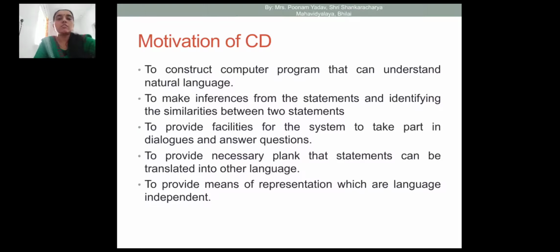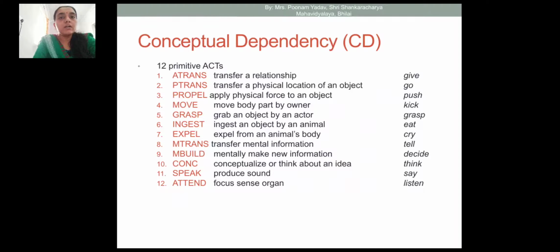It also provides the facility for the system to take part in dialogue and answer queries. Statements can be translated into other languages easily with the help of conceptual dependency, and it provides a means of representation which is language independent. So these are the motivations and these are the primitives used.